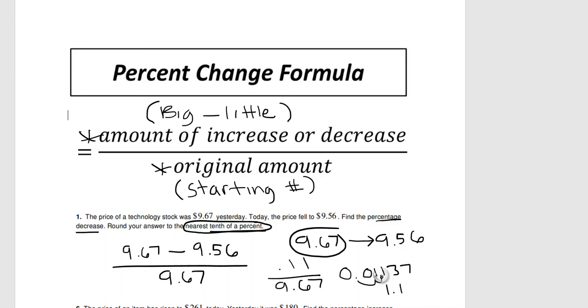Our decimal will end up being right here, and the number after the tenth spot is not 5 or bigger, and so this is 1.1%. And that's how you will enter this in to ALEKS. You enter it in as the nearest tenth of a percent. So change your decimal to a percent and then round the percent to the nearest tenth of a percent.